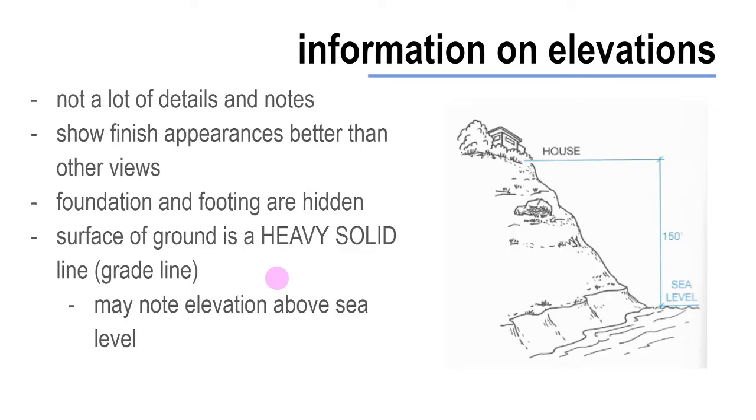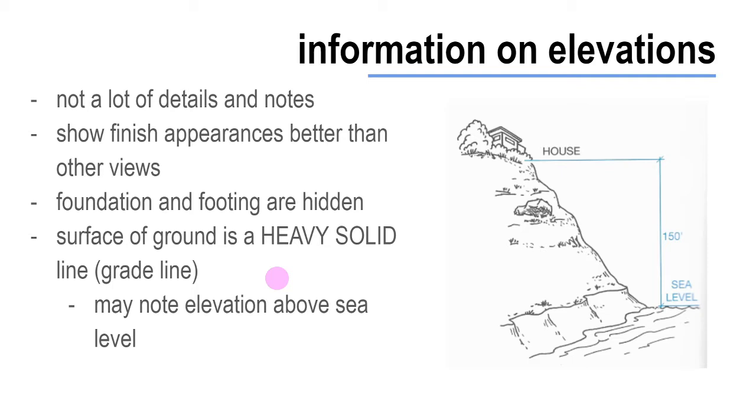For the different pieces of information in elevations, there usually isn't a lot of info. They don't include a lot of details, dimensions and notes. I'm not saying there aren't any, but it's not a lot compared to the floor plans. Elevations do show finishes and the appearance of the building better than other views.